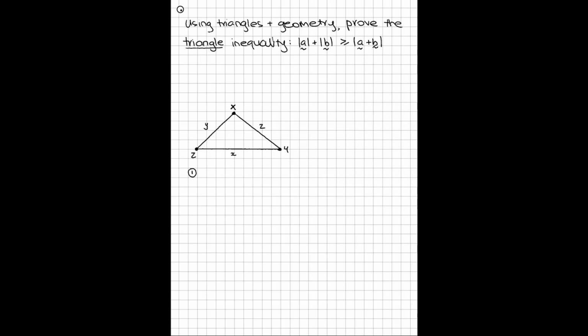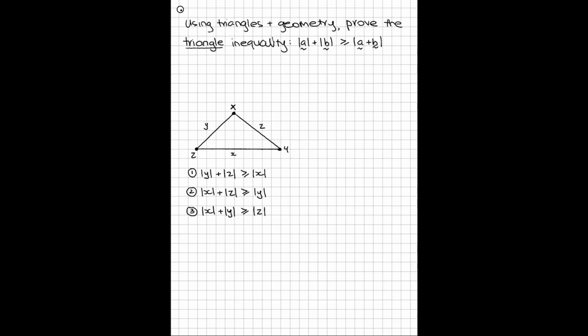The first one being that the length of side Y, so the magnitude of Y plus the magnitude of Z, would be greater than or equal to the magnitude of X. It would also be the case that the magnitude of X plus the magnitude of Z would be greater than or equal to the magnitude of Y. And finally, we can say that the magnitude of X plus the magnitude of Y would be greater than or equal to the magnitude of Z. So all I've done there is taken every combination of two sides and stated that the sum of the lengths of those sides, the magnitude, will always be greater than or equal to the remaining side.